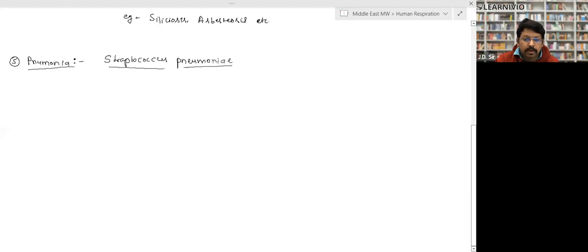Other pathogens for this disease are fungus.